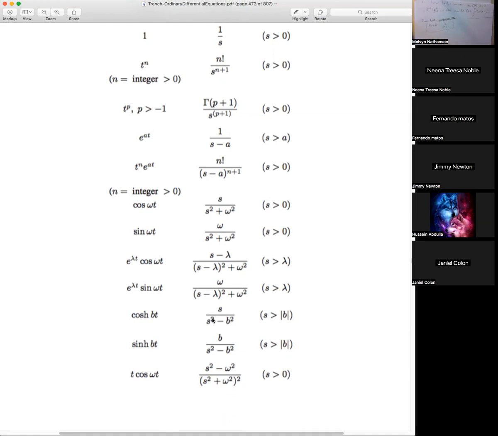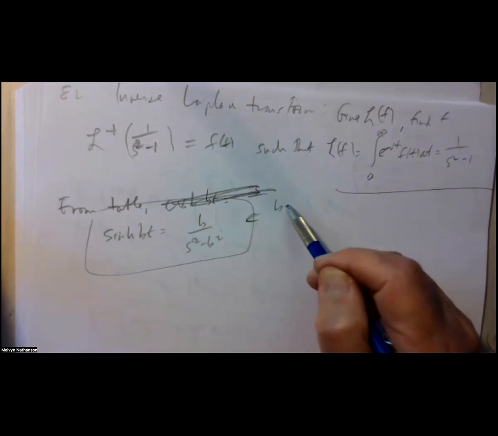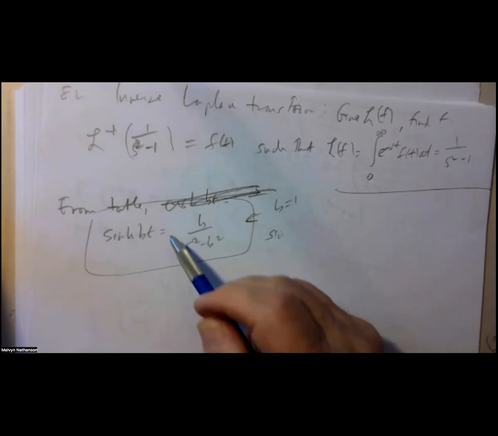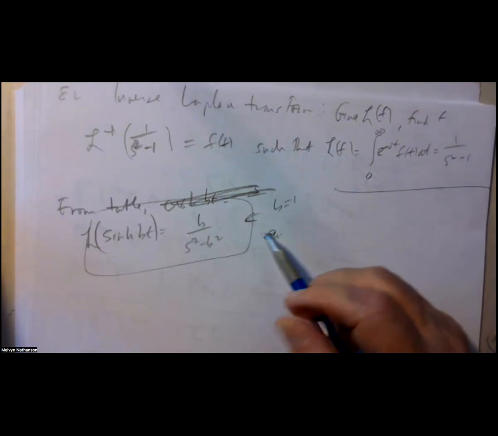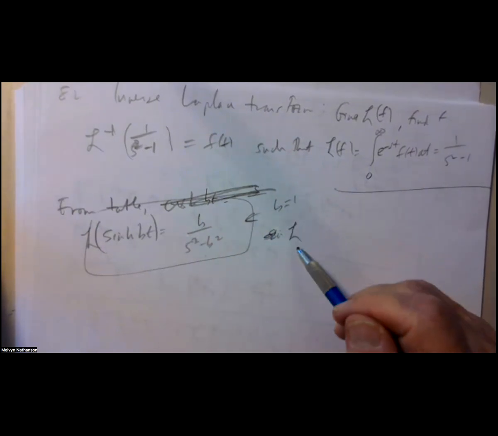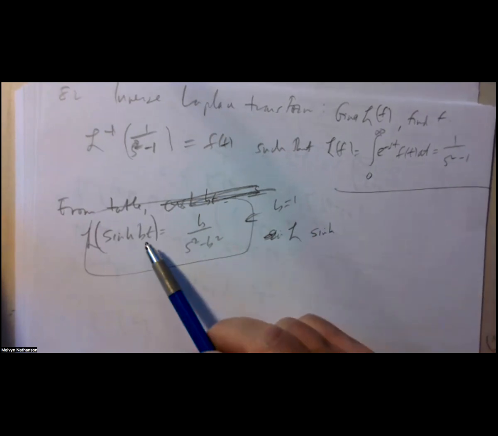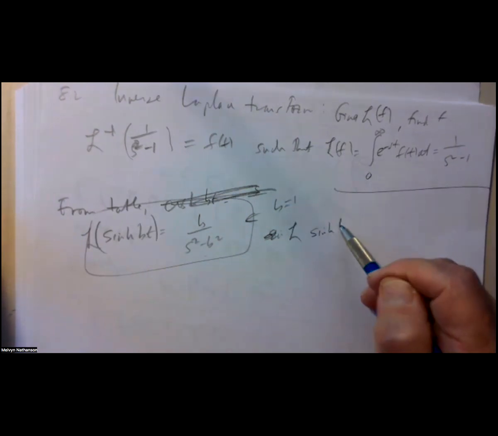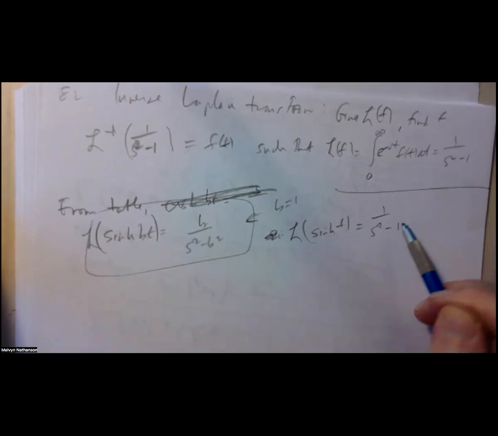That's from the table. So this is what I found from the table. If I let b equal 1, I get that the Laplace transform of sinh, that's how we pronounce hyperbolic sine, sinh of t is equal to 1 over s squared minus 1.